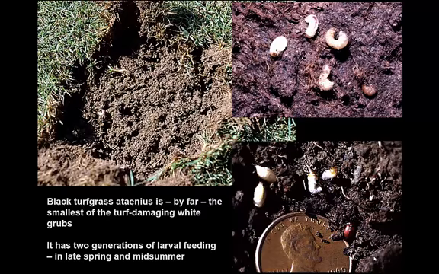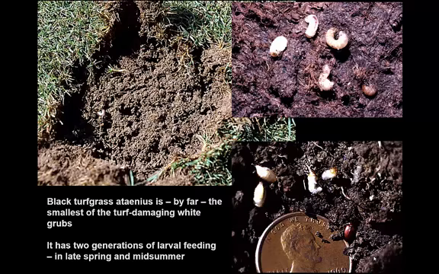It is by far the smallest of the turf damaging white grubs, and it is particularly an issue in highly intensely managed golf courses, and again, most of the damage is done to annual bluegrass. But this can be quite abundant at times.